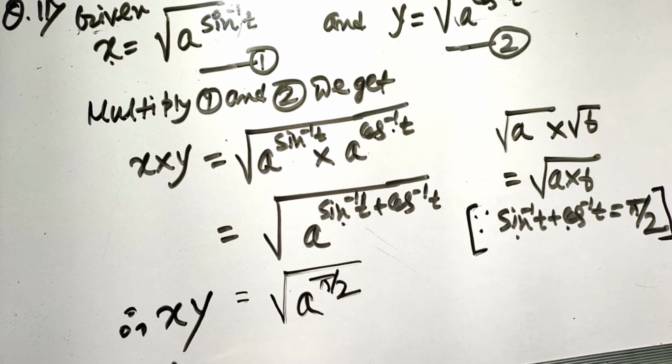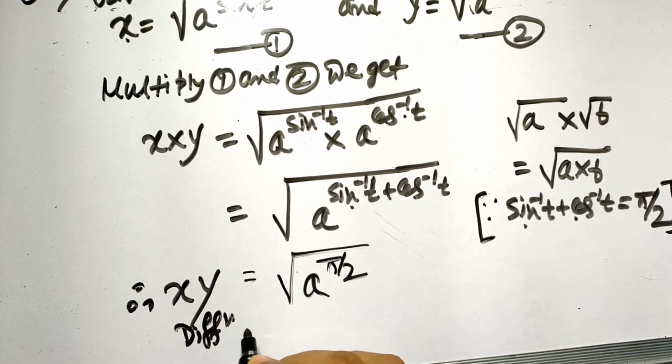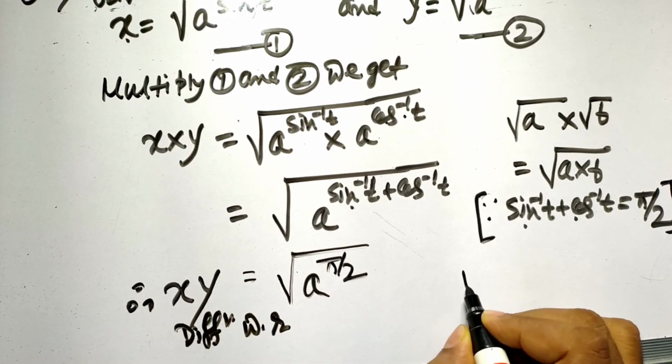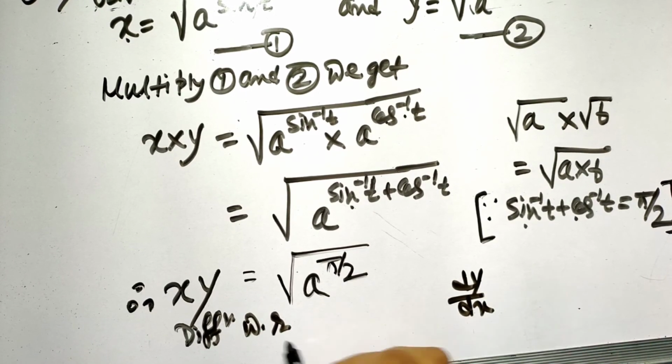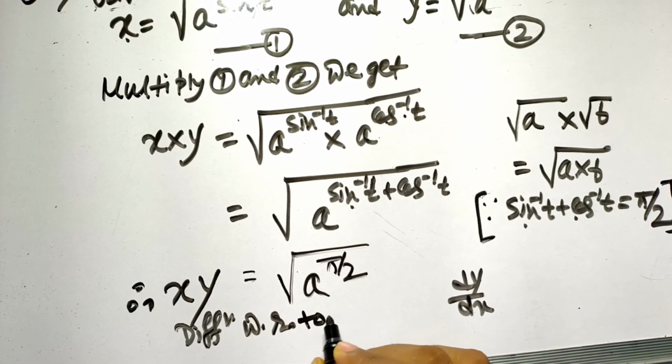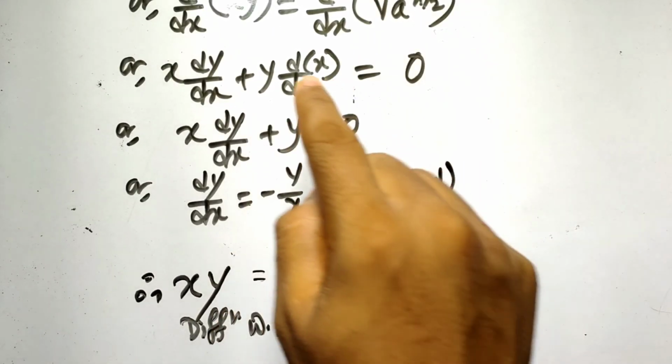Now differentiate with respect to x. We differentiate with respect to x because you have to find dy by dx, so in the denominator x is present. Next line I am doing here.